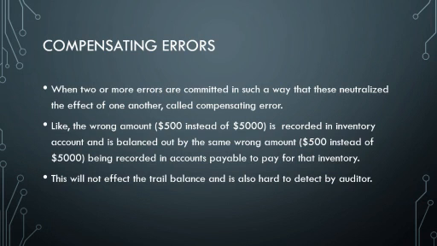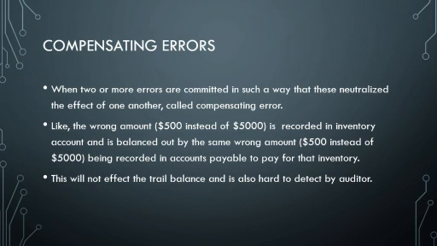And then is compensating error. When two or more errors are committed in such a way that they neutralize the effect of one another, this is referred to as compensating error.